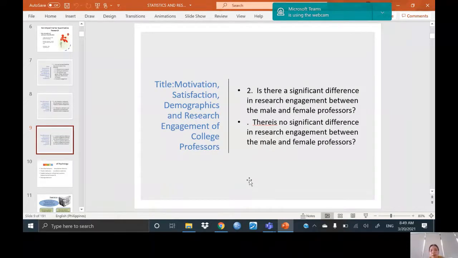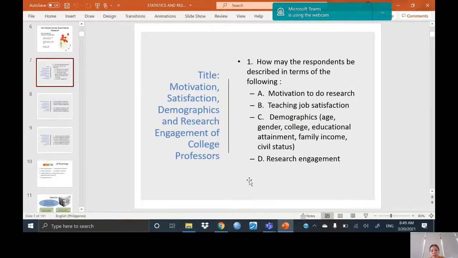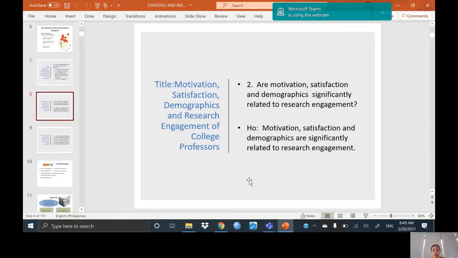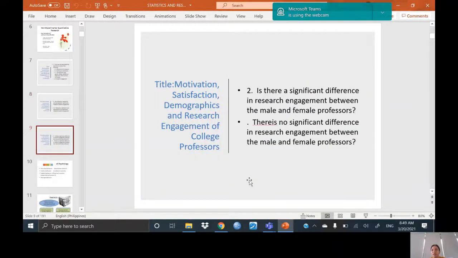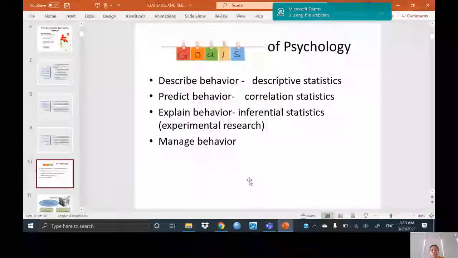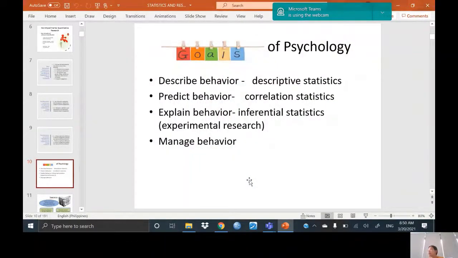Based on these three statements of the problem, we will see that we have a descriptive problem, and then we have an inferential problem. Then we have a problem that asks for relationship, and then we have a problem that asks for difference. This is also analogous to our goals of psychology.